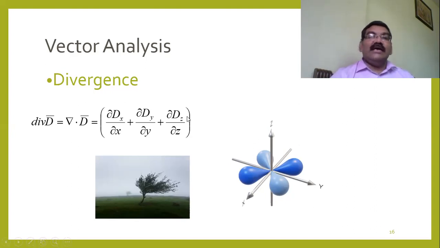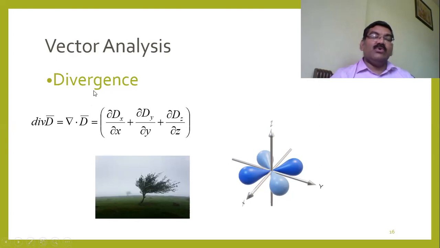This again gives the rate of change along the axes, along the distance x, y, z. Wind velocity is a vector quantity. So for any vector quantity we take, the rate of change of that particular quantity is the divergence.